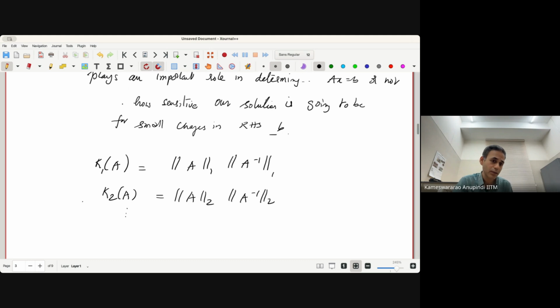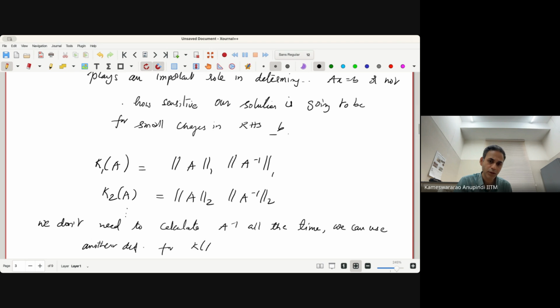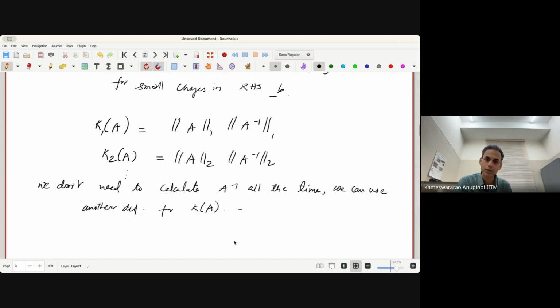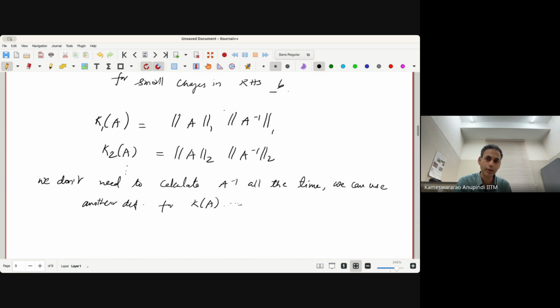Again, it turns out we don't need to calculate A inverse all the time, wherein we can use another definition for condition number, which I will inform in a little while. But then of course this other definition is going to involve the eigenvalues, so we have to calculate the eigenvalues in that case, if not the A inverses.